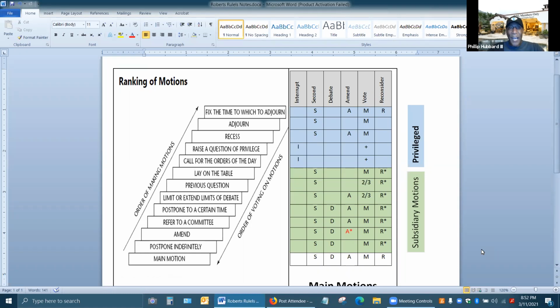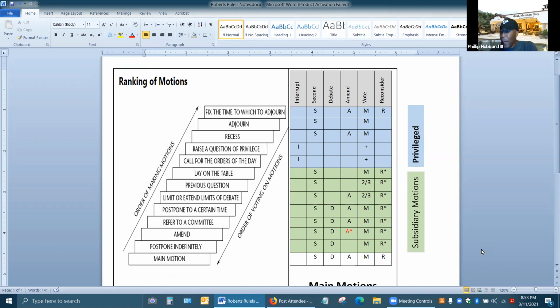Next, we have the lay on the table. And the motion to lay on the table, and again, this is important, especially when you have discussion going on and there's an issue or issues that a particular person or persons within the assembly feel are somewhat important.